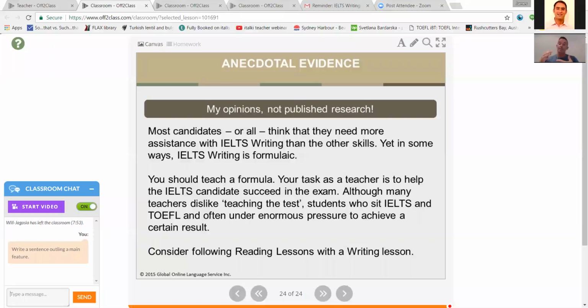It's a correct follow-on task. Although that doesn't happen in IELTS, the reading and the writing tasks are very separated. But it allows you as a teacher to informally teach vocabulary or structures that have appeared in the reading exam. That's probably about all I wanted to start with or finish with today.